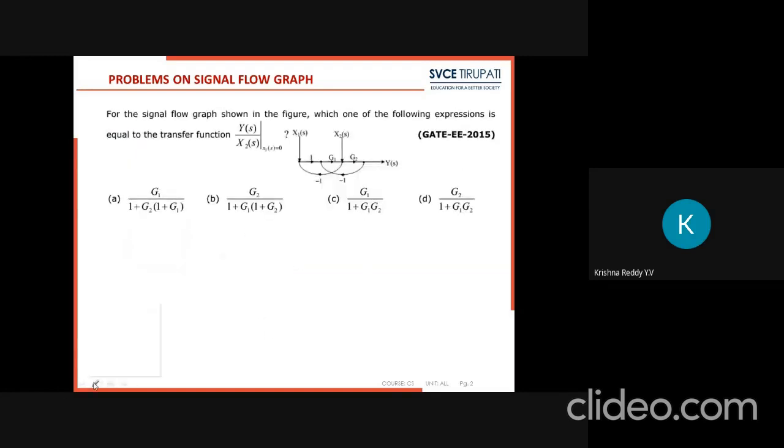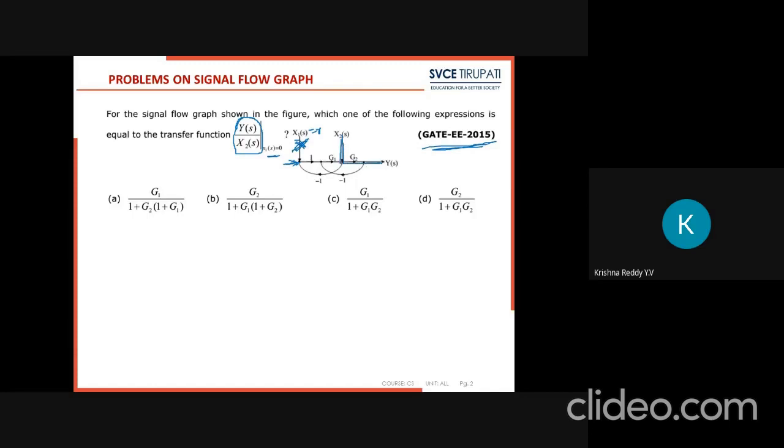This question was asked in GATE. Here also, you need to consider one imaginary node. Then you can calculate its transfer function. Or otherwise, you need to calculate Y of s divided by X2 of s when X1 of s equal to 0. When X1 of s equal to 0, we do not consider this incoming node. Then we can calculate Y of s divided by X2 of s.